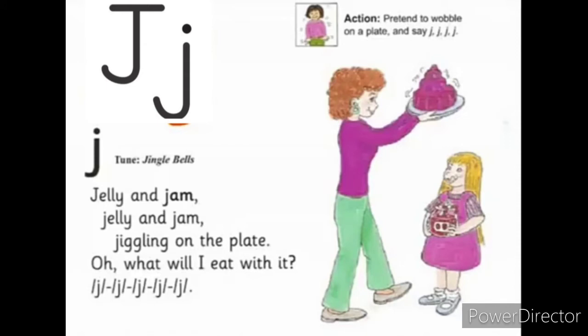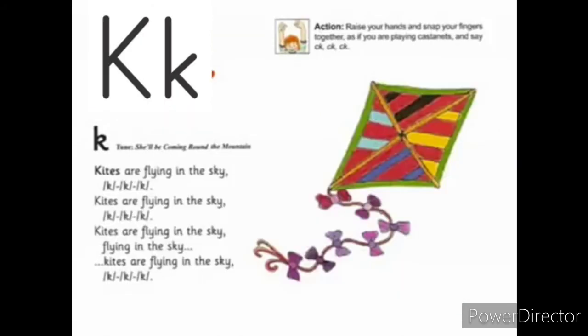This is alphabet J. Jelly and jam, jiggling on the plate. Oh, what will I eat with it? J. This is alphabet K. Kites are flying in the sky, k.